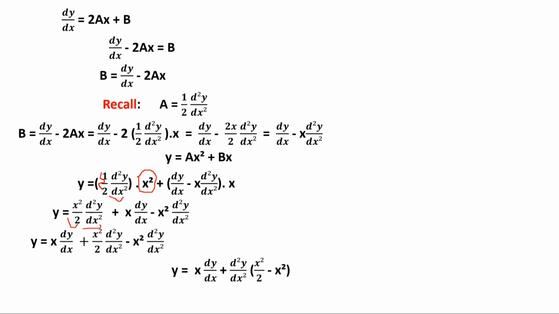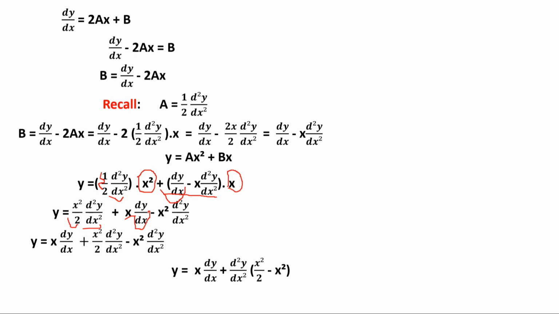So plus, now if I use this x that is here to open the bracket, that is to multiply both of them, to multiply the first one here, I will have x dy/dx. You can see it now. x dy/dx.